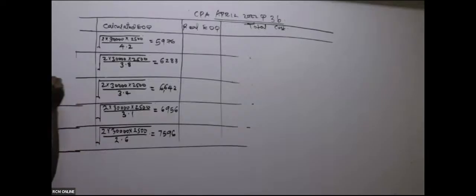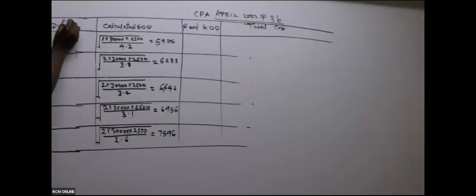I want to bring it here to enable me to explain this to somebody. So we have range and quantity. Range 1, 2, 3, 4, 5.